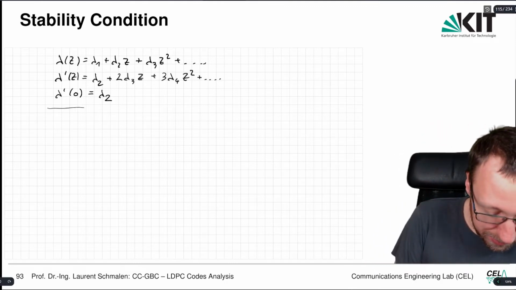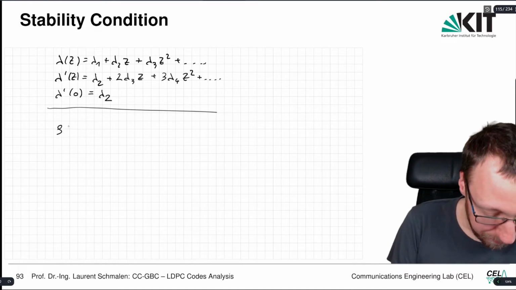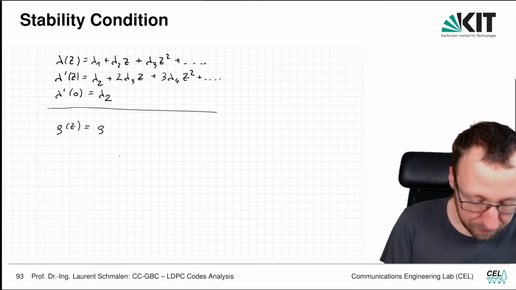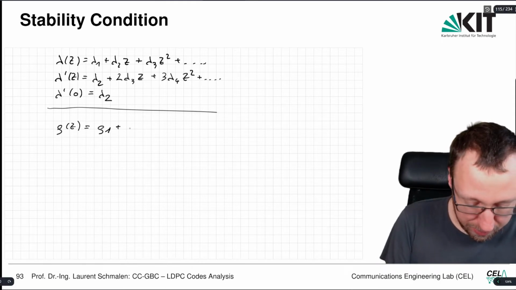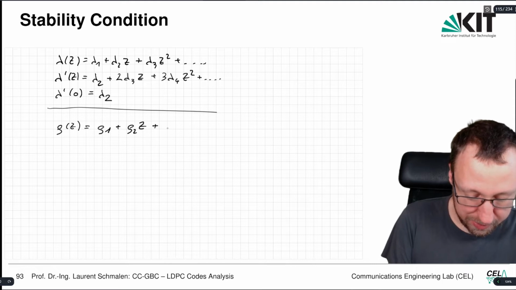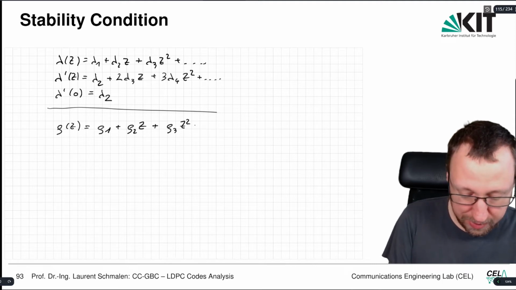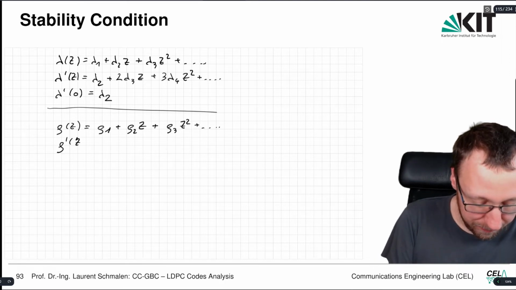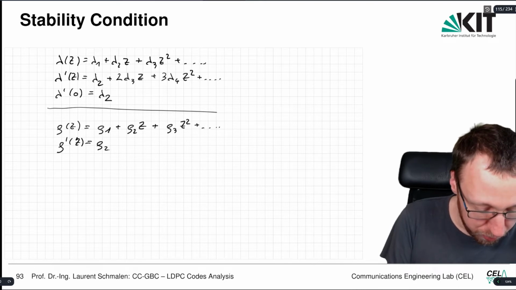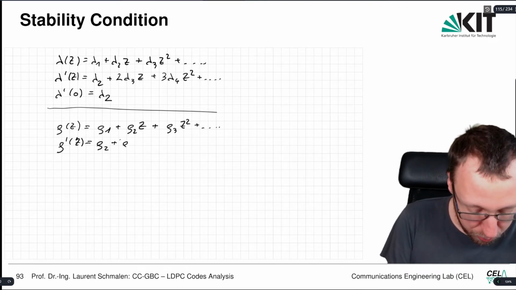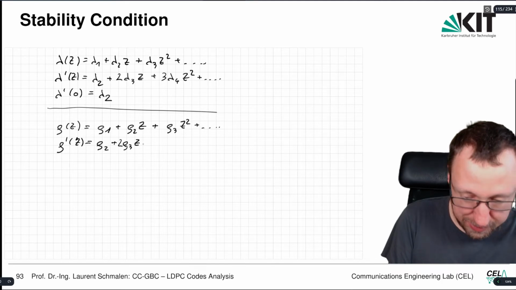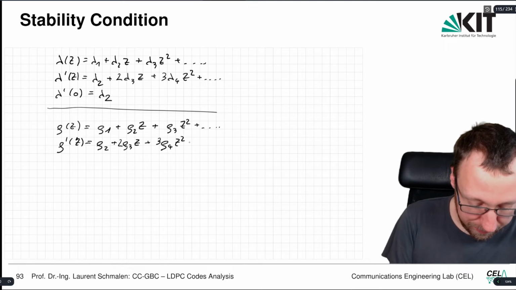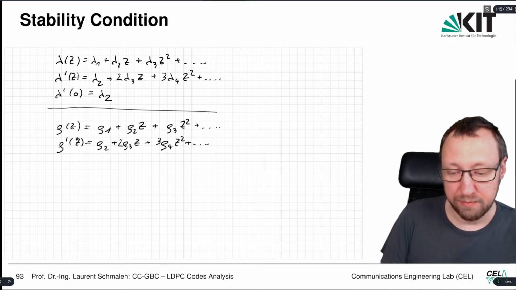Okay, so next we're going to look at rho of z. Rho of z is equal to rho 1 plus rho 2 times z plus rho 3 times z squared, and so on. Rho prime of z is equal to rho 2 plus 2 times rho 3 times z plus 3 times rho 4 times z squared, and so on.